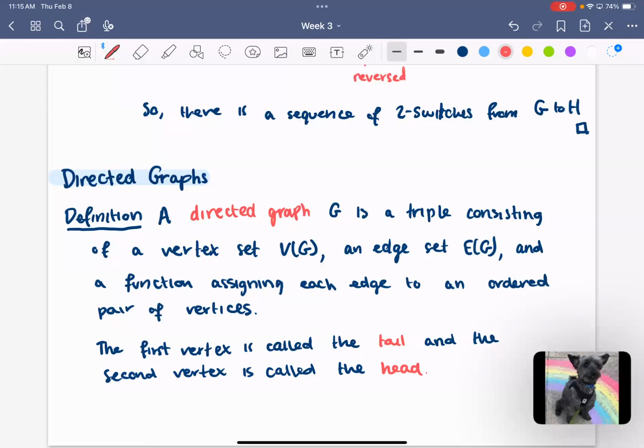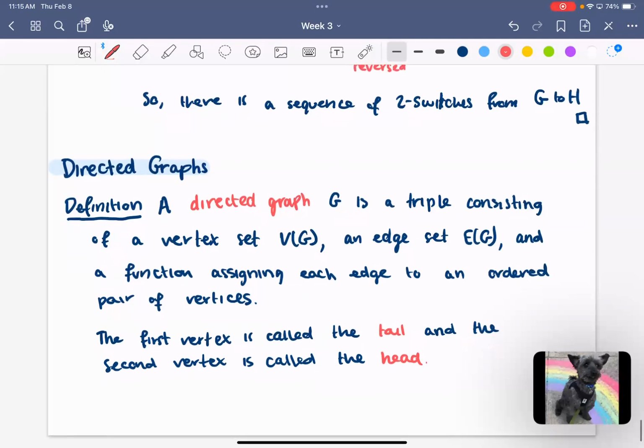And usually we say that an edge goes from whatever its tail vertex is to whatever its head vertex is.